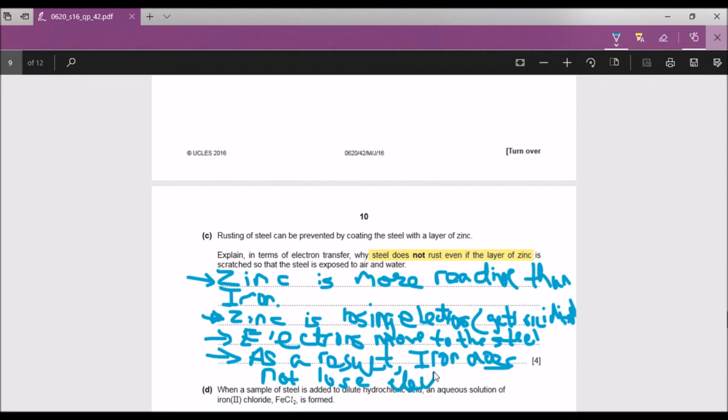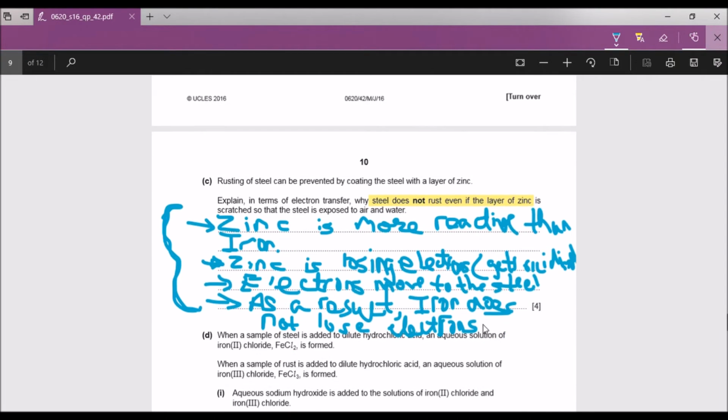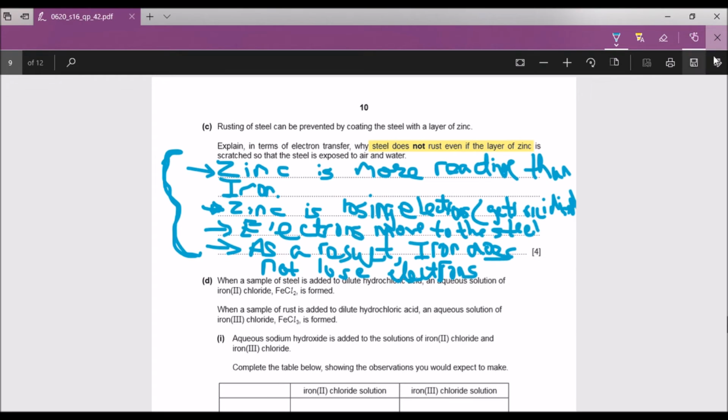That's simple, 4 points, basically. These are the 4 steps you need to remember, just in this order. The first part is simple. It's more reactive. This means it loses electrons because it's more reactive. It gets oxidized. And then these electrons which are produced, they move to the steel. And because of this, iron itself does not lose its electrons.